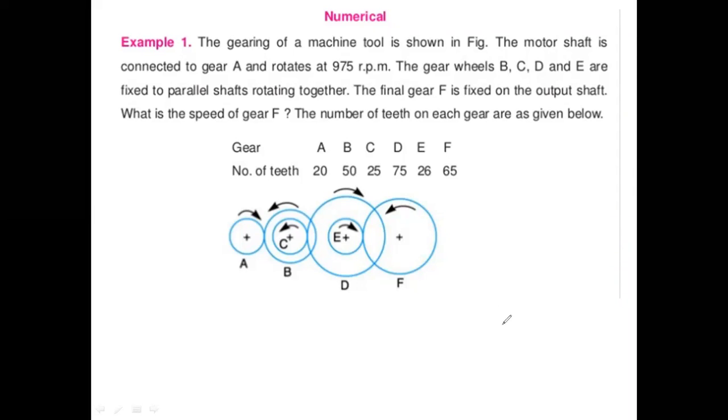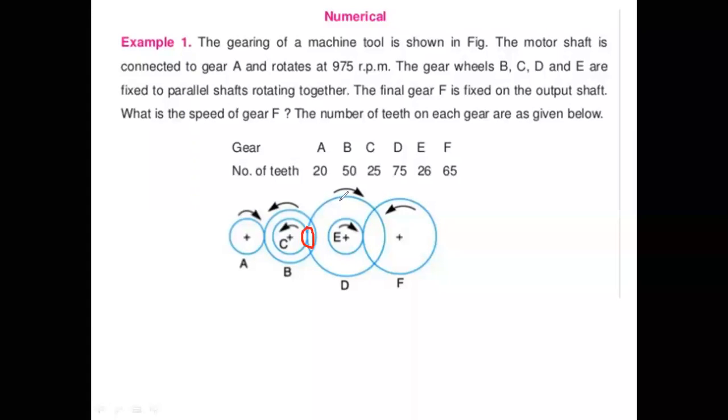Now, gear C is meshing with gear D. Therefore, gear D is rotated in a clockwise direction.